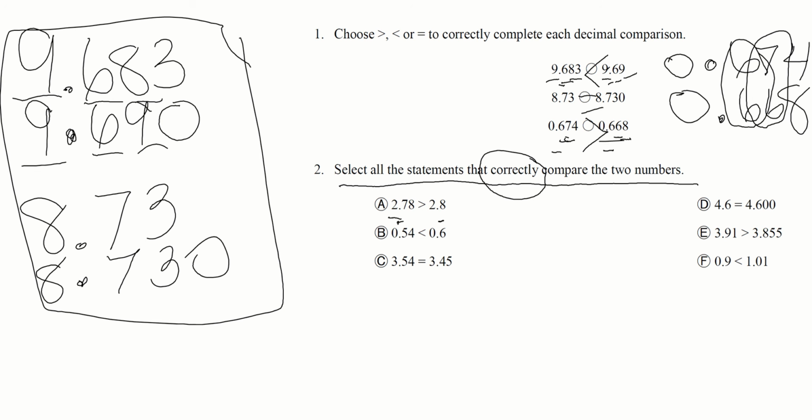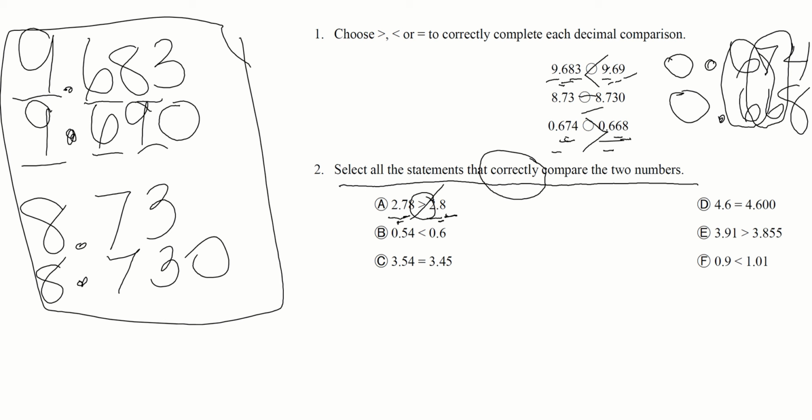This has 2 wholes, this has 2 wholes. So I don't know which one's greater than, less than. They're still equal. Let's keep going to the next place value. Here's 7 tenths. Oh look, here's 8 tenths. I know that 7 tenths is less than 8 tenths. Therefore, this symbol is not correct.